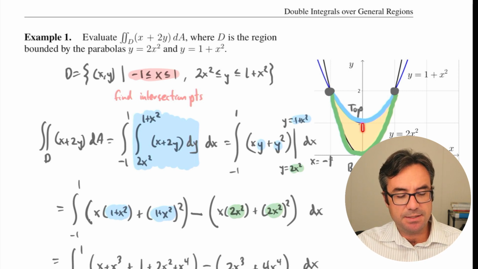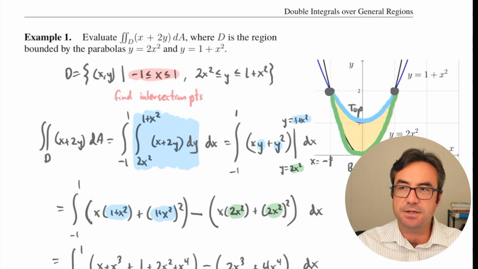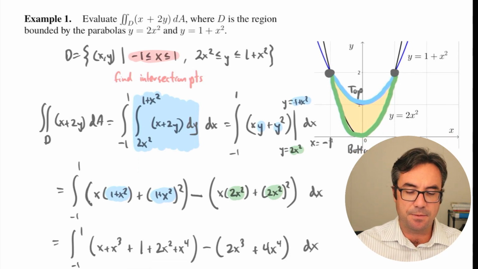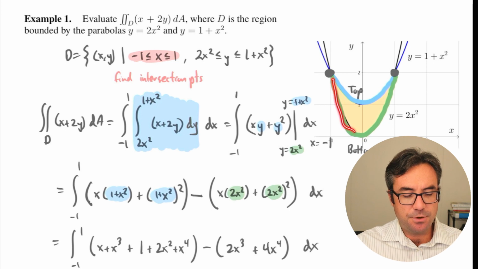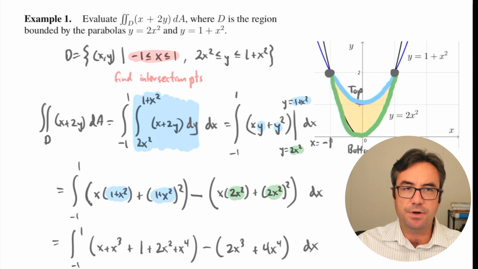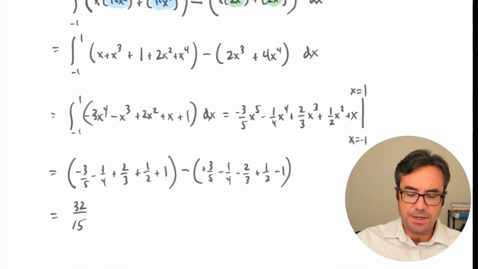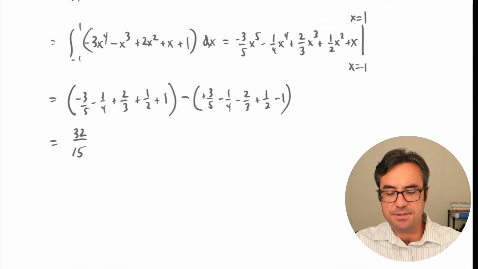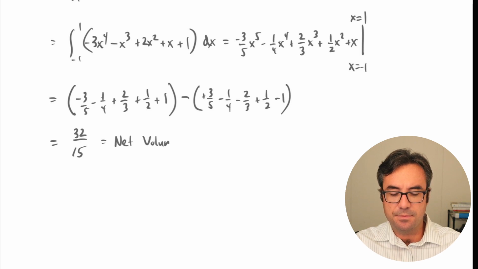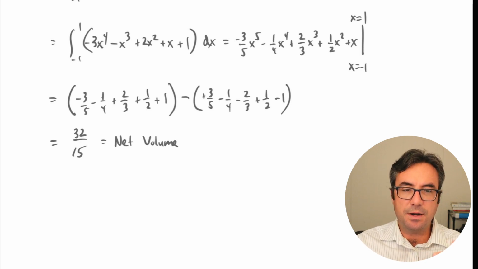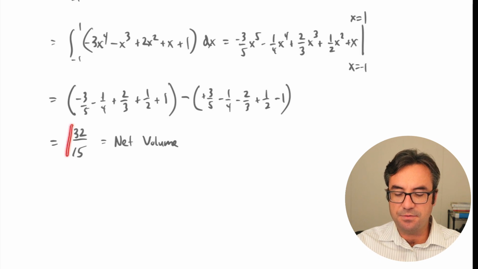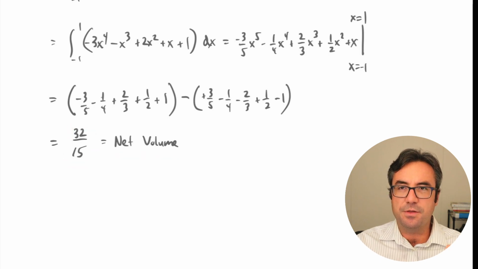It's definitely positive on this section because all the x and y values are positive over there. But I'm not sure if the function's always going to be positive over here. Maybe it is. But in any case, we can interpret this value as the volume, or the net volume.